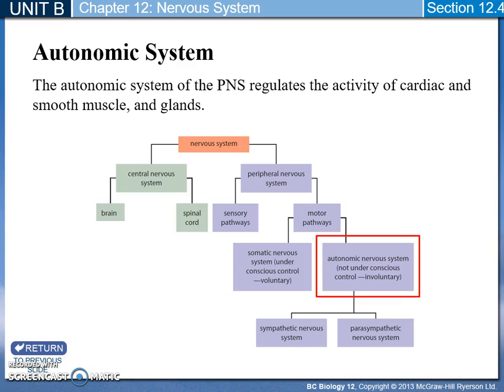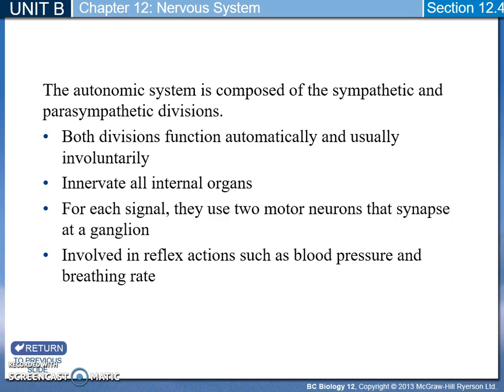Okay, so then that takes us to the autonomic system of the peripheral nervous system. This regulates the activity of cardiac muscle, smooth muscle, and the glands. And within that, we have the sympathetic and the parasympathetic as well, which we will get to shortly.